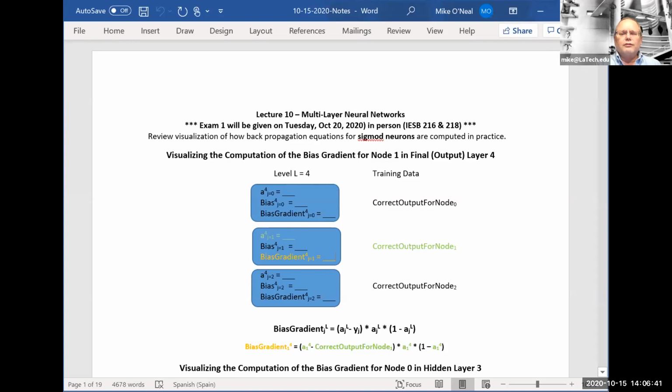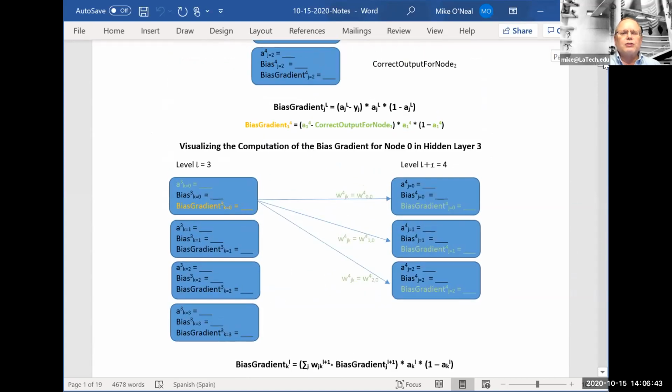So that's one equation. The next equation is, okay, what about biases for nodes that are not in the last level? Basically, that's the weighted sum of the bias gradients that connect to that node, times the output of the node times 1 minus the output of the node when we're talking about sigmoidal neurons. So again, let's look at it. We've got this node, and we want to figure out what its error is, what its bias gradient is.